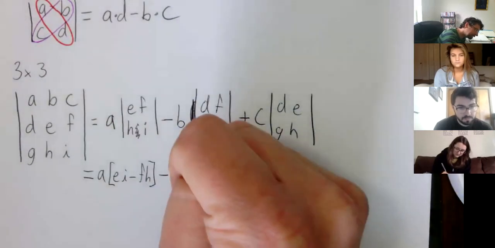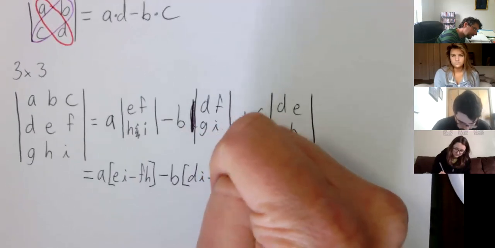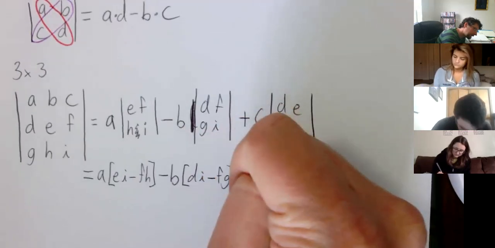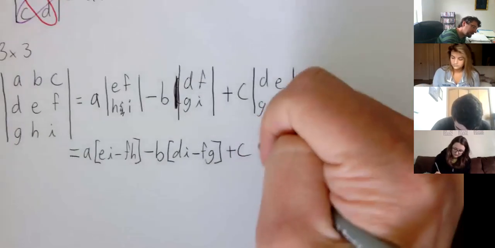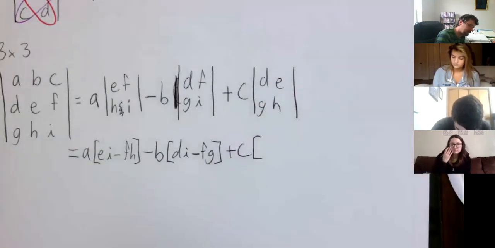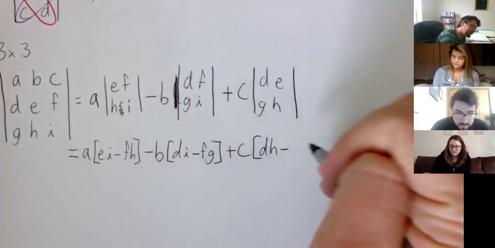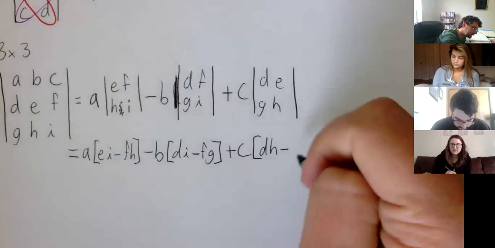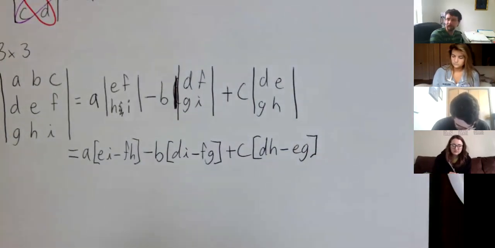DI, minus FG, plus C, what comes next? DH, minus EG. Yep, EG. Okay.